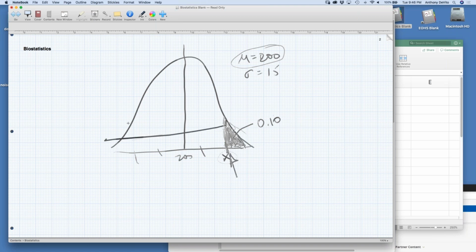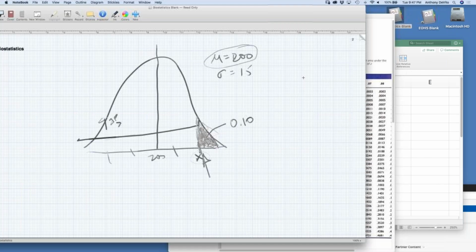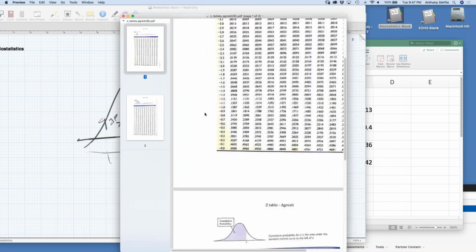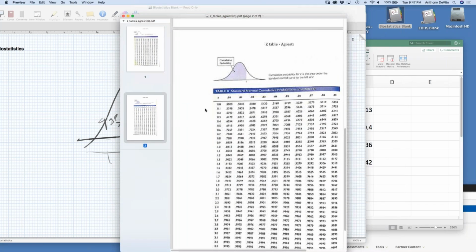In other words, 90% of the population is below it, only 10% is above it. So let's go to our z-table again and see if we can't get some help with that. There's our z-table, and we're on the right side, so we're using the positive one.